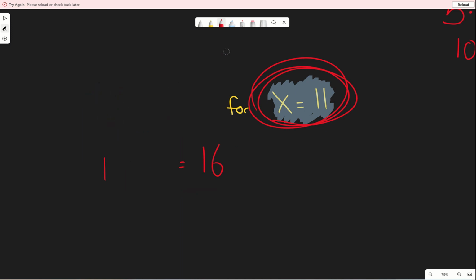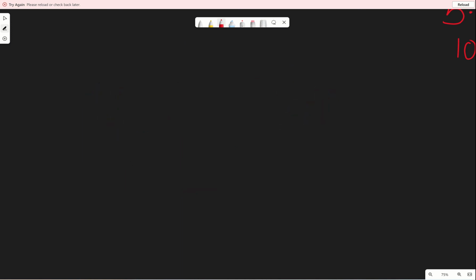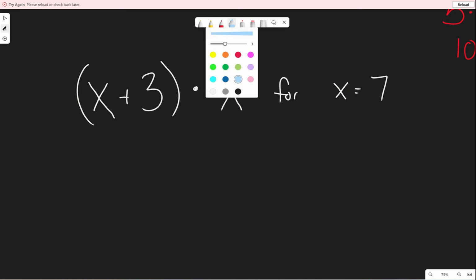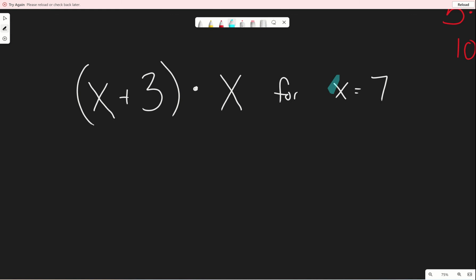Let's say I had x plus 3 times x for x equals 7. Well, just like before, I'm going to look and say, okay, I know x equals 7, so anywhere I see an x, I'm going to make that into 7.